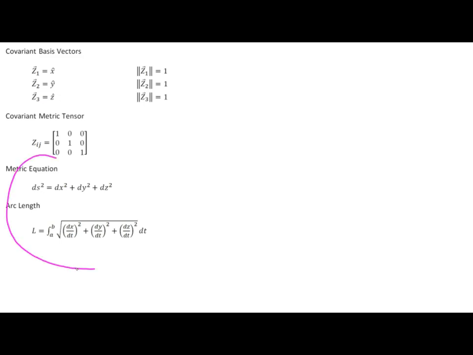Now I expect that you have seen these equations before. In your basic calculus you learned that this is the relationship of the arc length to the incremental displacements of each of the variables x, y, and z, and this I'm sure you saw as a formula for calculating the arc length. What's very fulfilling here is to see that the generic formulas we've derived for tensor calculus work in Cartesian coordinates.